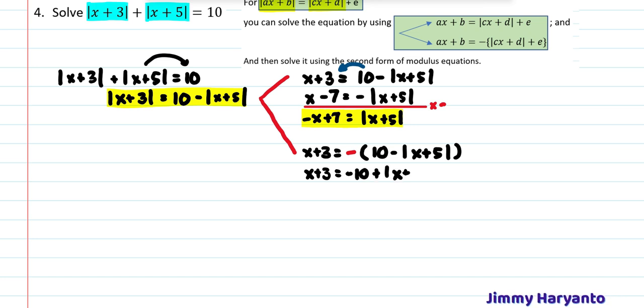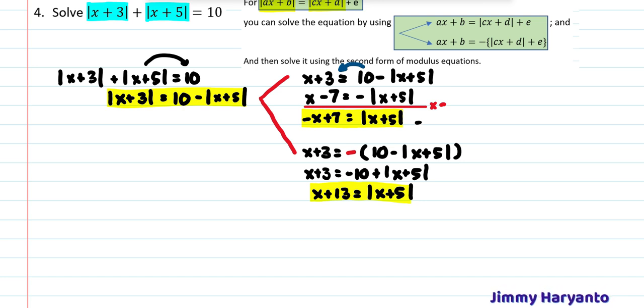You will have these expressions, and then you will move the negative 10 to the left hand side. You'll have x plus 13 equals absolute value of x plus 5. Because the absolute value of x plus 5 is already positive, you don't have to do anything else. Just leave it like that, and then we will solve it later.